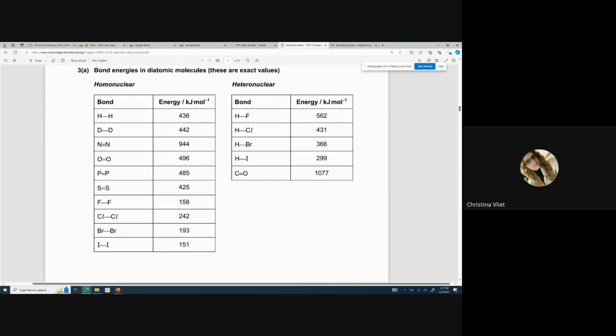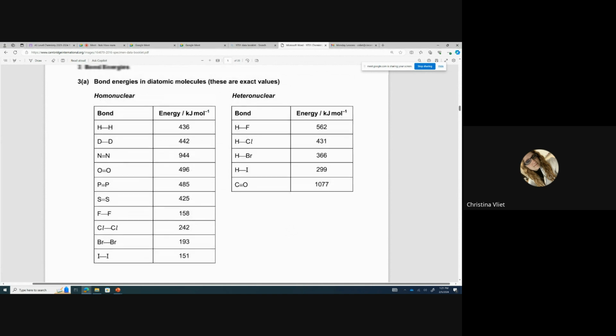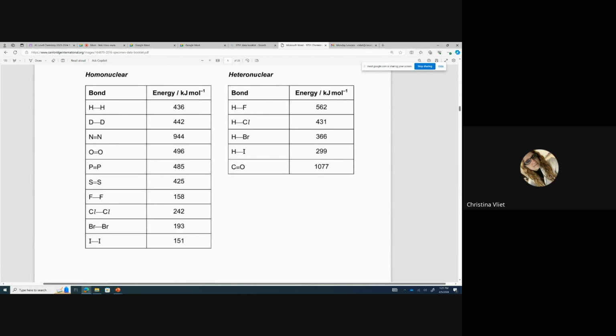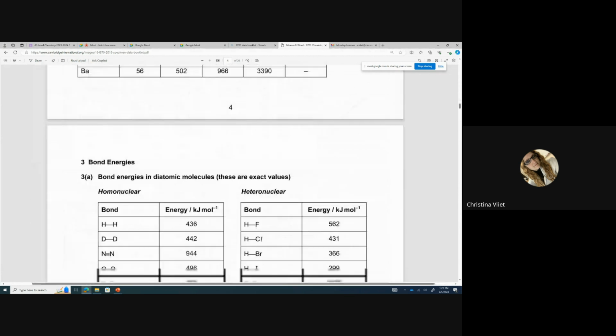Notice the trend here, by the way. They do get lower going down the group, except the chlorine. Typically, the larger they are, the farther apart they are, the weaker the bond. So 242 is weaker than the C-H bond.